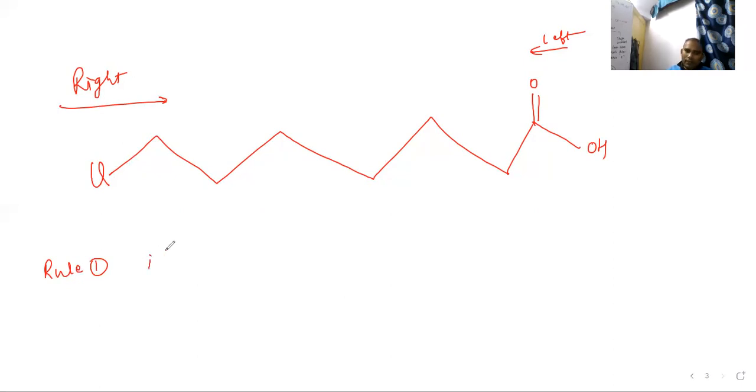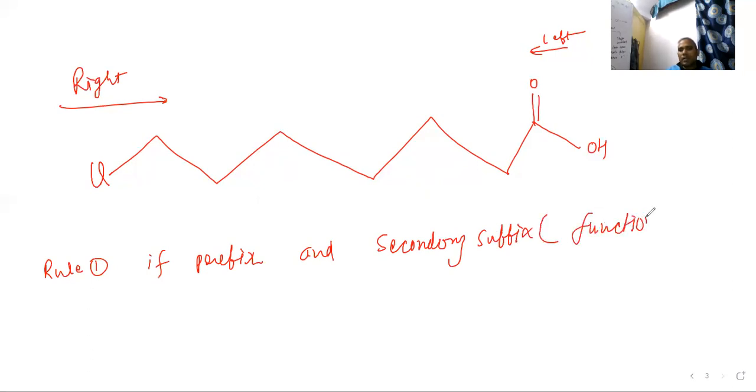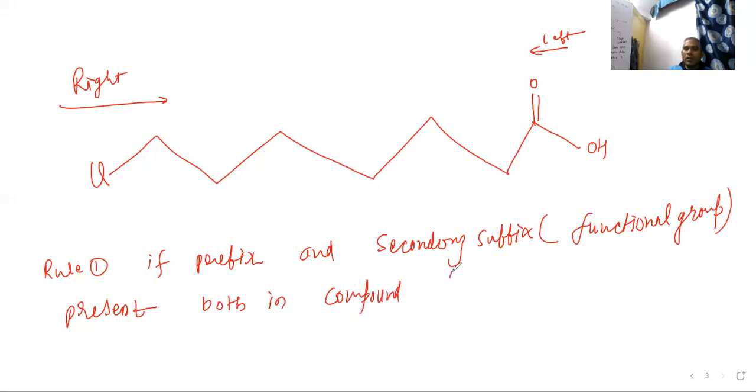See, the rule is saying if prefix and secondary suffix are both present in the compound, where secondary suffix means functional group, then start numbering from the functional group direction.